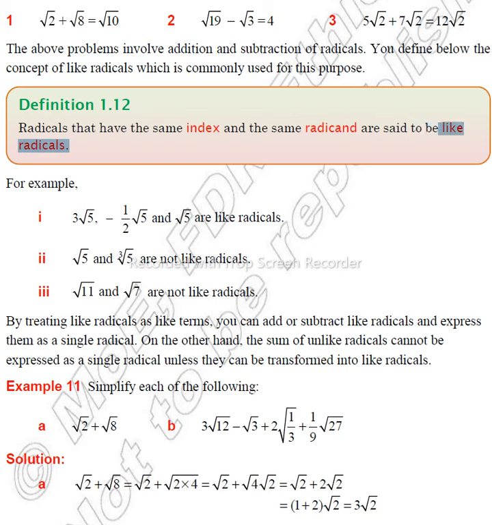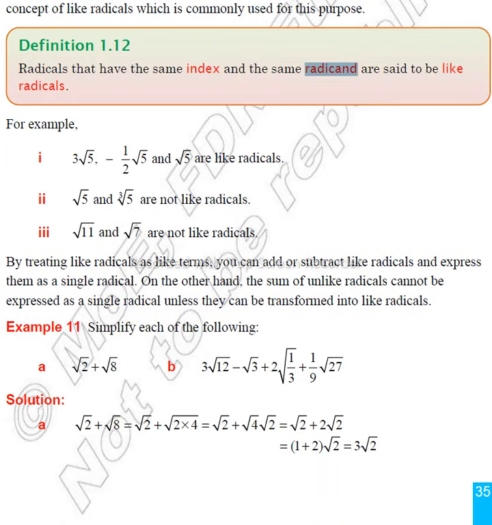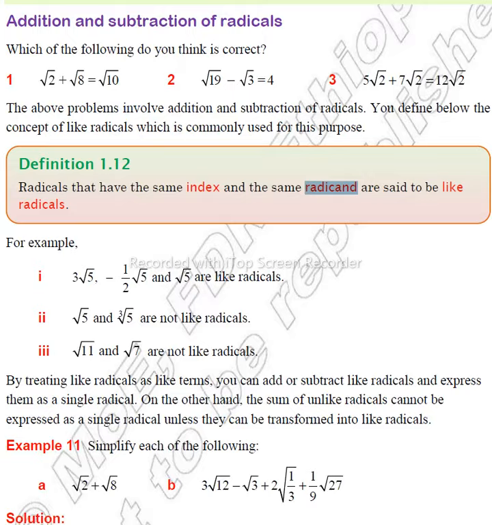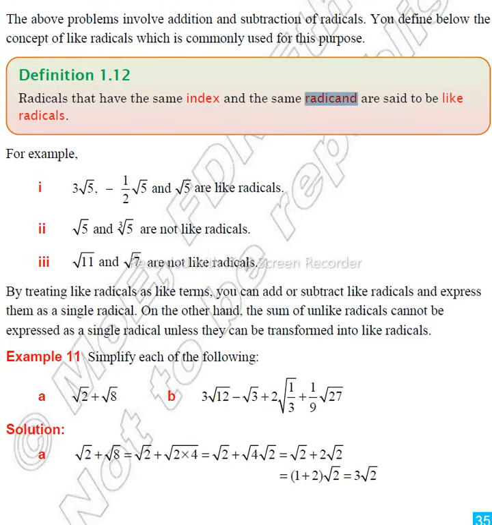So to subtract or to add, the radicals must be like radicals. Radicals that have the same index and the same radicand are said to be like radicals. This is the definition for addition and subtraction of radicals.